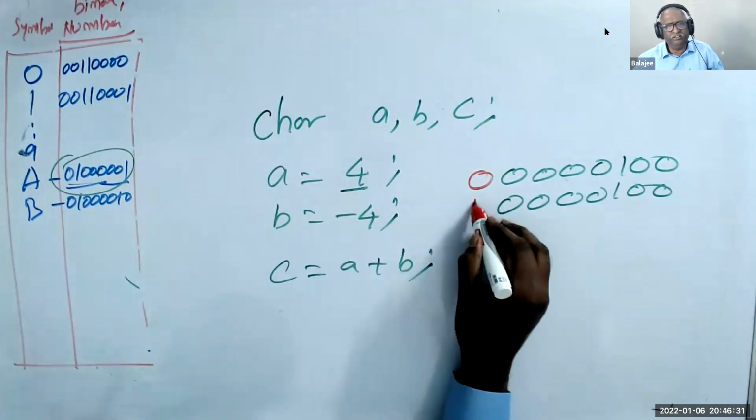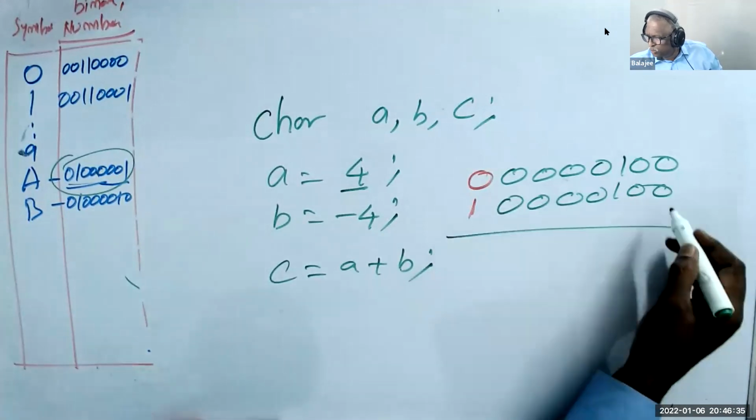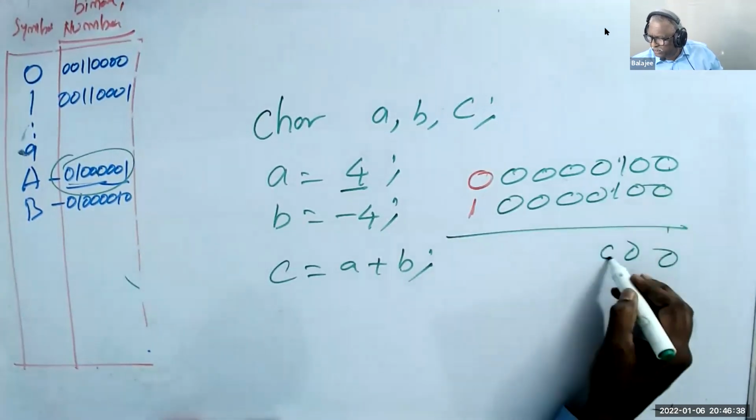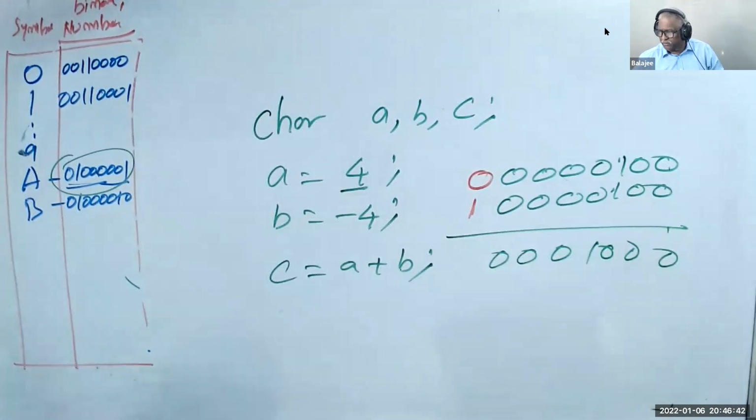Now you add, what do you get? 0 plus 0, 0, 1 plus 0, 1, and the sign bit becomes 1.